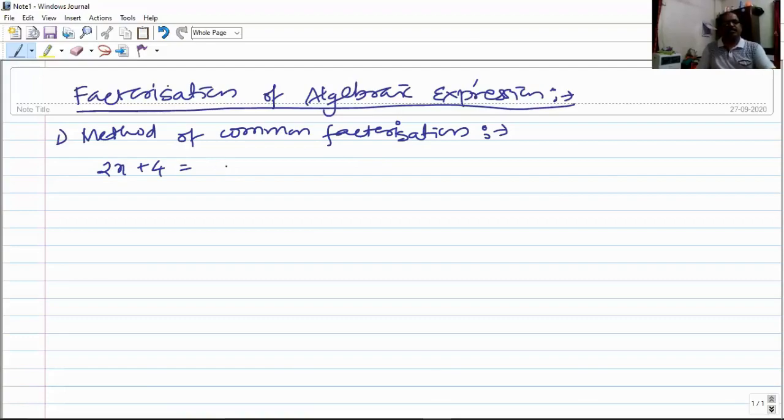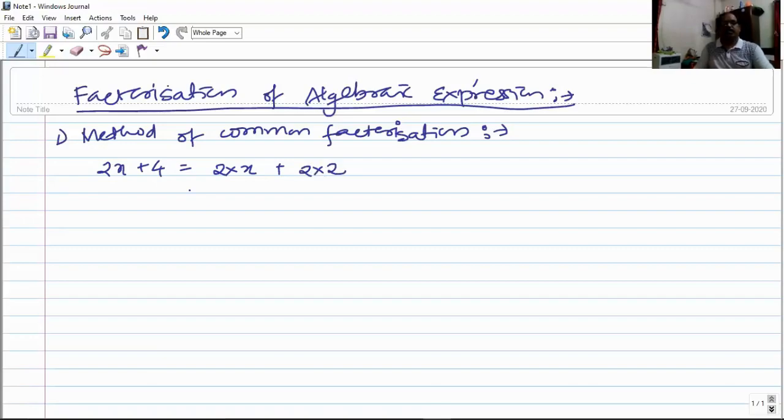While factorizing, the factors of the first term are 2 and x, so I write 2 into x plus the constant term 4. I write its prime factors, which are 2 into 2.